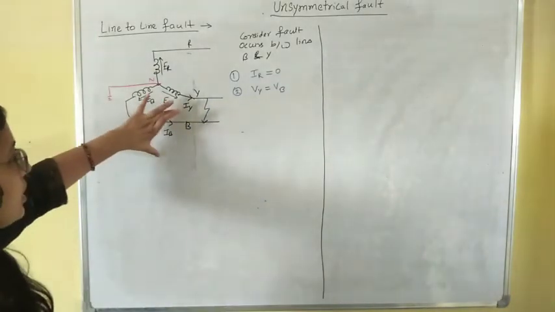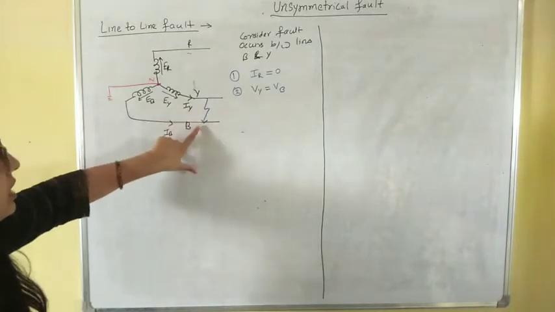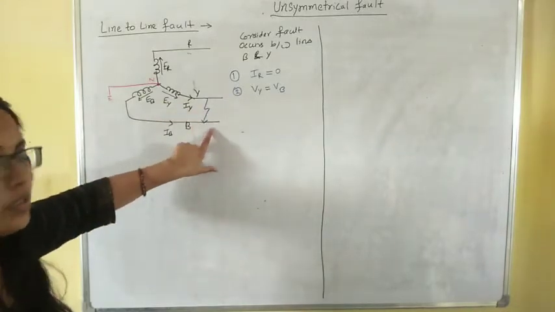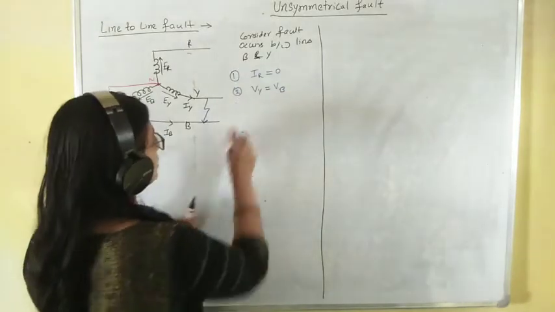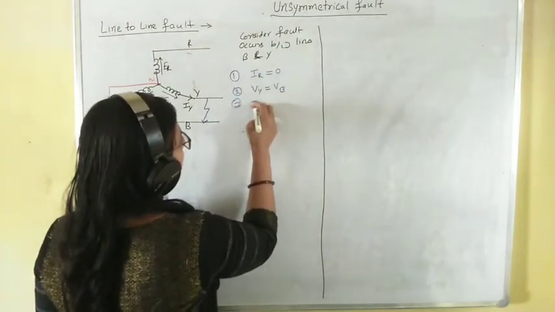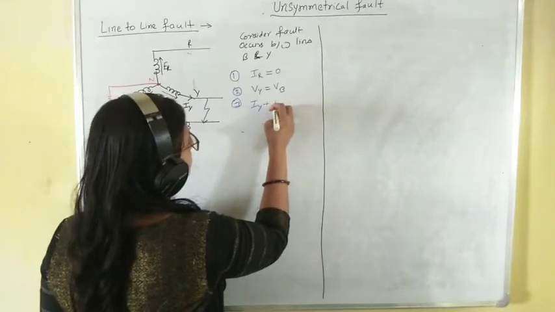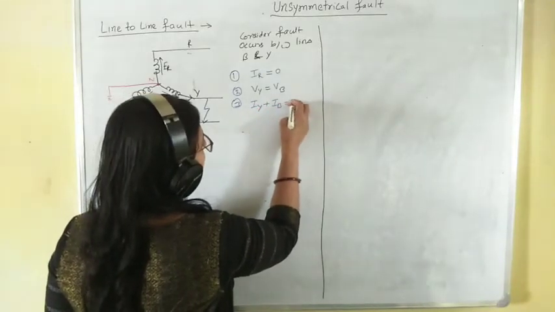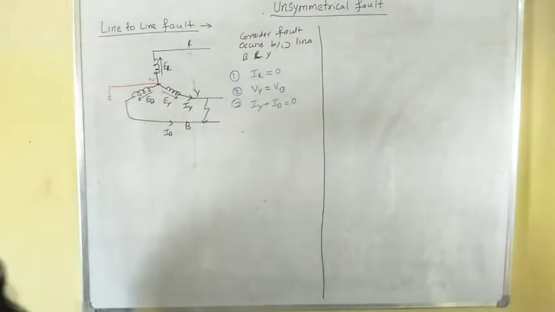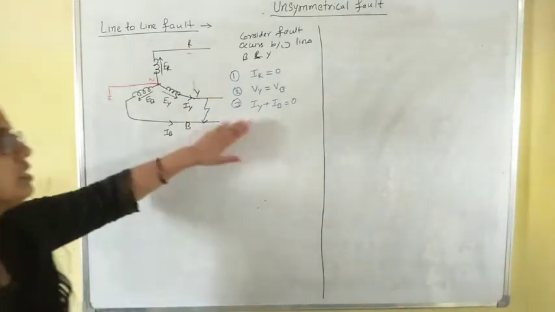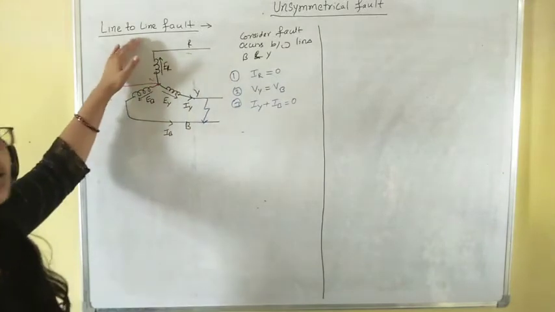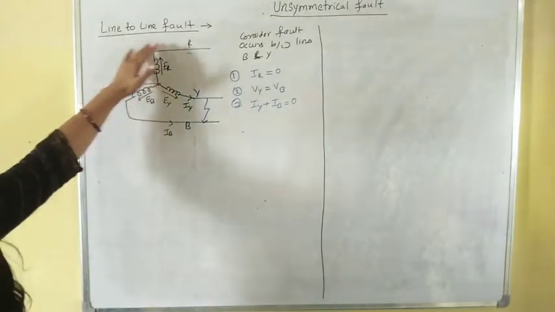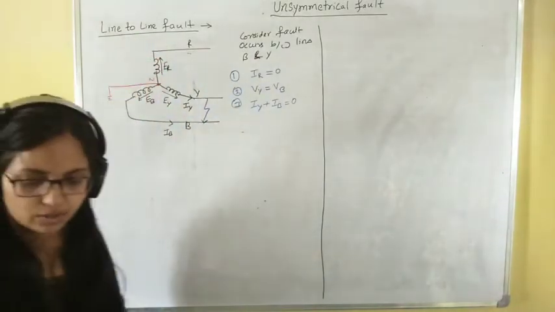From this figure you can say Iy current is just opposite of the Ib current. That means the third condition is Iy plus Ib should be equal to 0. These are the three conditions which are followed to raise this line to line fault.